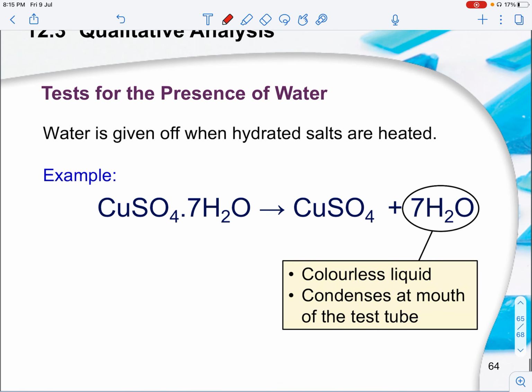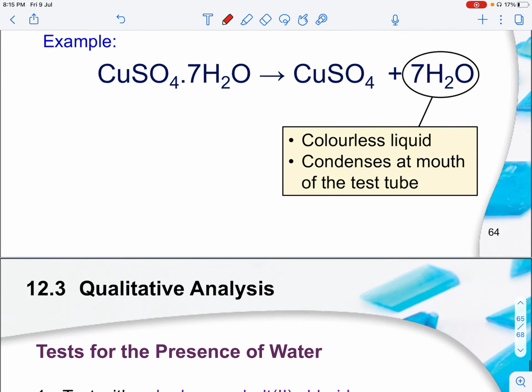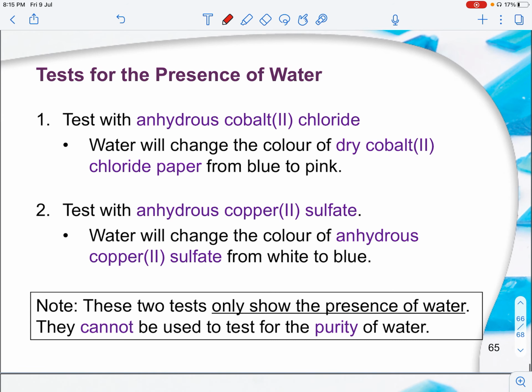There's another test for the presence of water, which is in hydrated salts. Hydrated salts are basically salts that contain water content. Water tends to be colorless and is able to condense at the mouth of the test tube. So how do we test? We use anhydrous cobalt(II) chloride. This can be in solution form or present on filter paper.